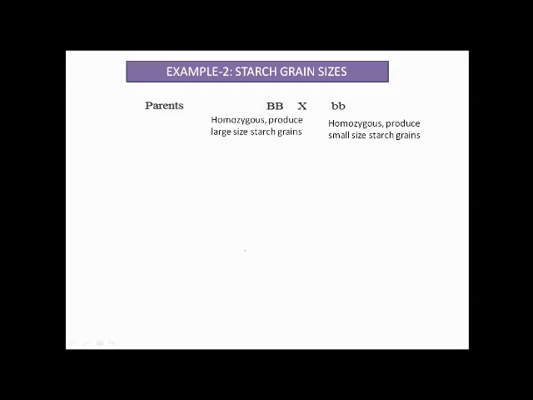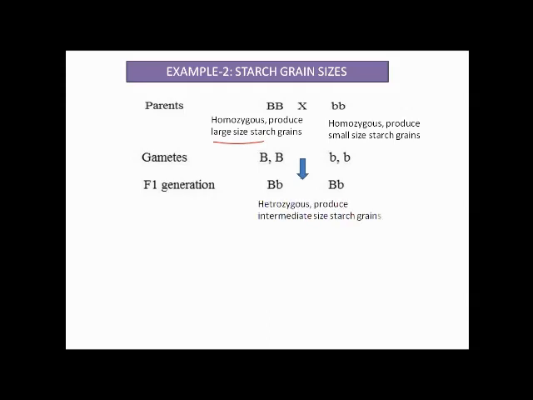So what do you think according to Mendel's law it should be? Because it is dominant, it should be large size starch grain, but we can see the result as BB and Bb, but there was an intermediate size grain produced by the plant.